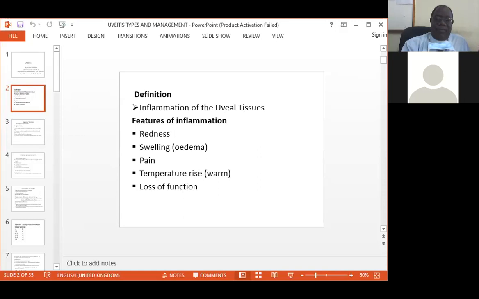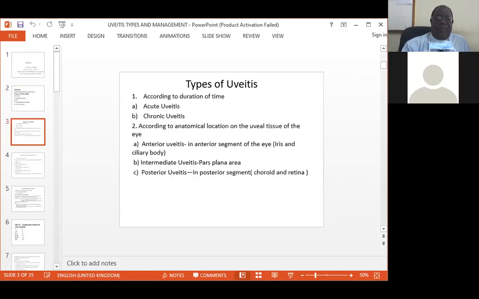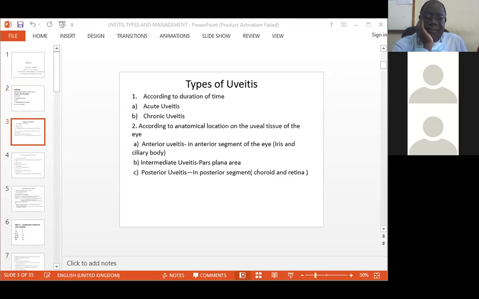You can continue with this one. Types of uveitis. And you can classify the uveitis according to the duration of time.